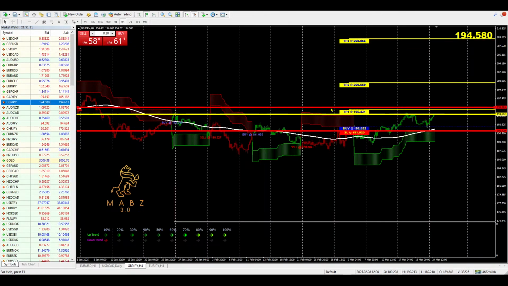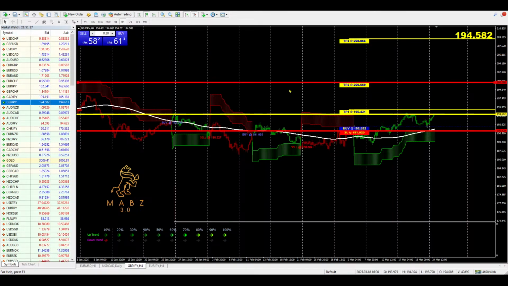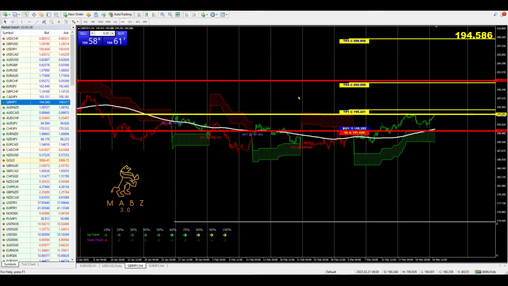But you still can target TP1, we're almost there, that's why I'm not targeting it right now. When you get into a trade, you target the next take profit that makes sense. If you already hit TP1 or you're close to TP1, then it makes sense to just go for TP2. Very easy.